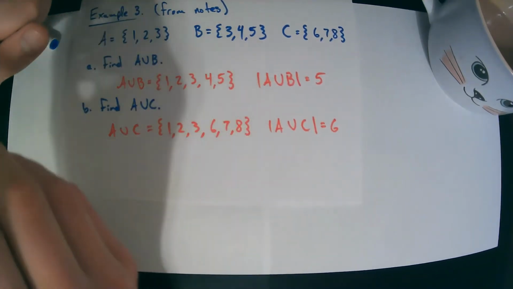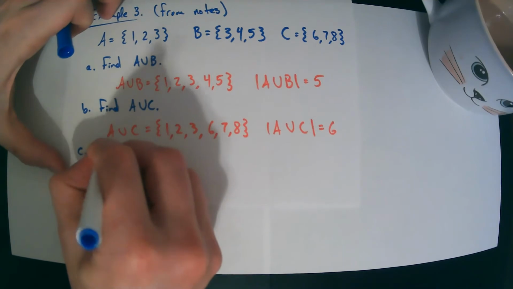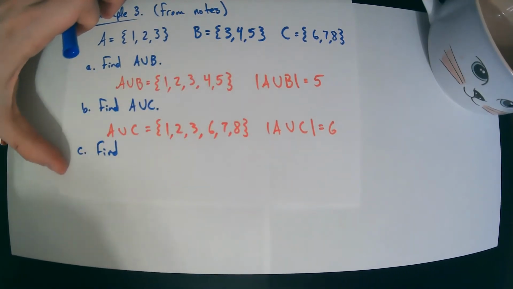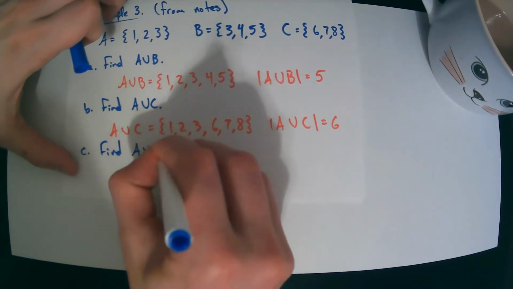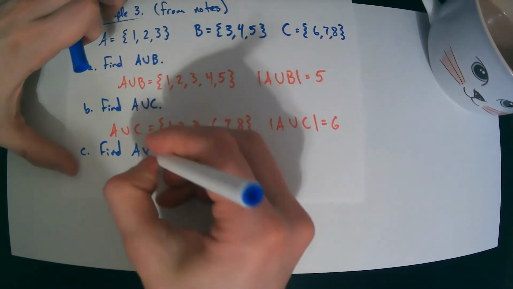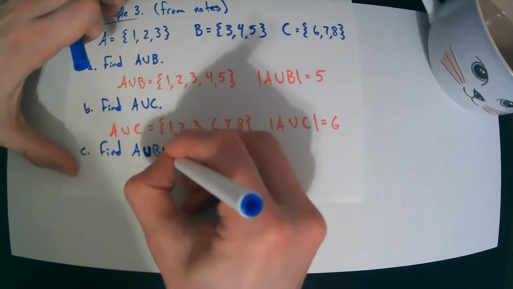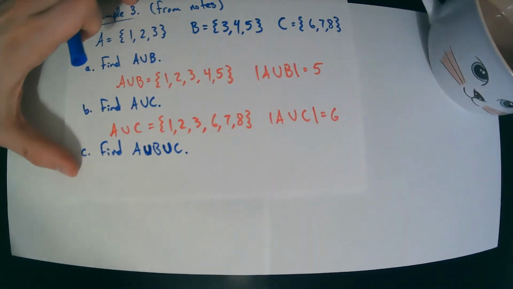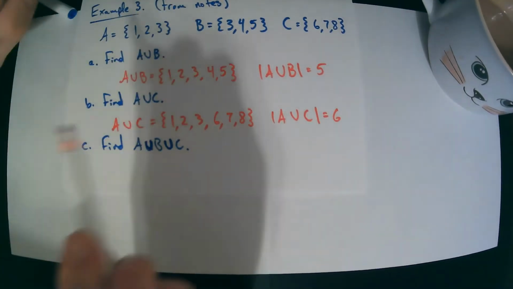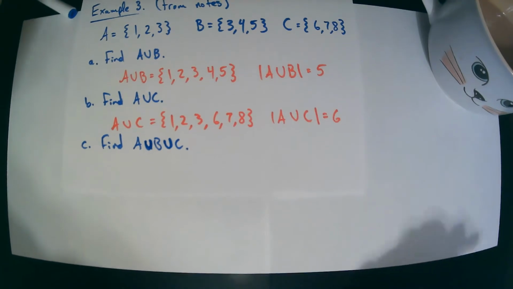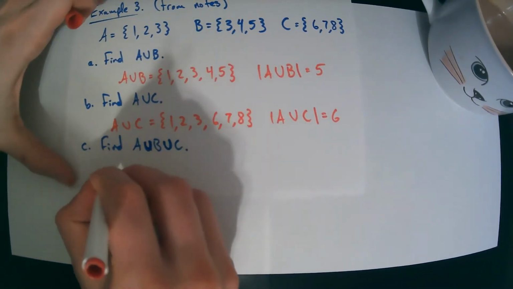You get it. Good. What is A union B union C? Sorry, that's supposed to be a union. Sometimes my union symbols look like V's. A union B union C. So we want to do all 3. Well, all we do is combine all 3 of these sets. It's kind of like adding the sets together, in a way.